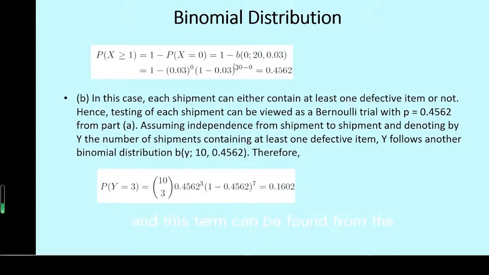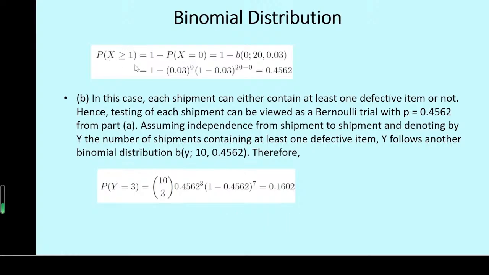This term can be found from the binomial distribution table, or we can just calculate it manually. So the result is about 0.4562, which is the probability of at least one defective in the 20 items.